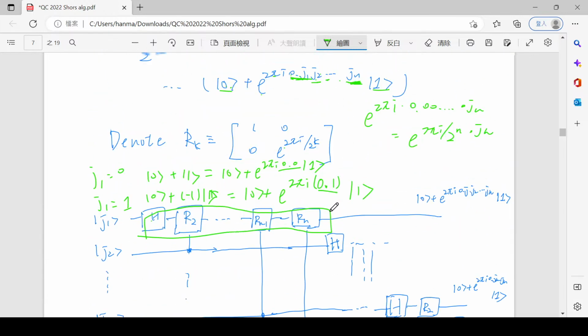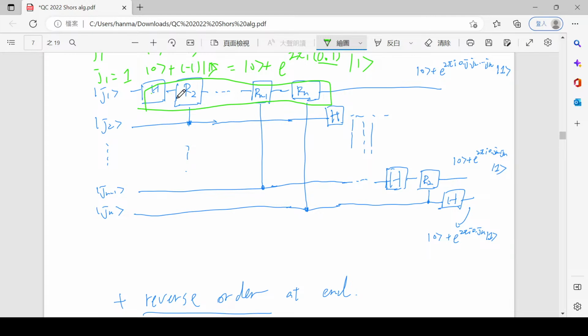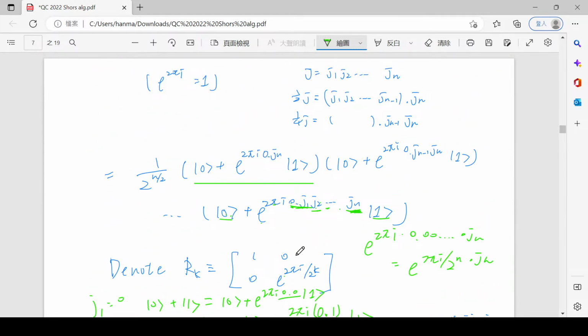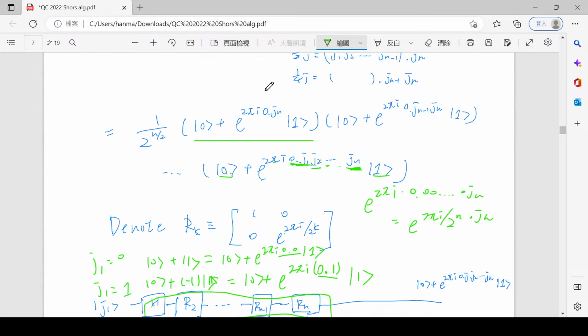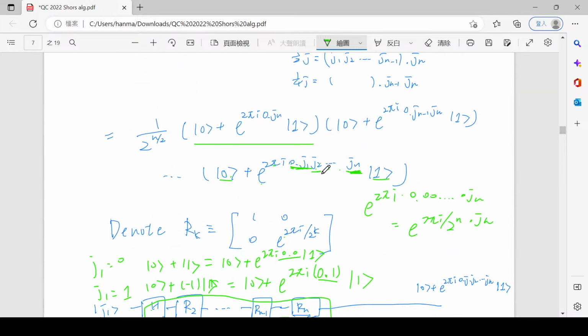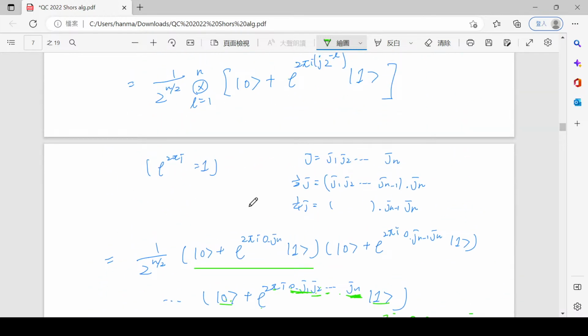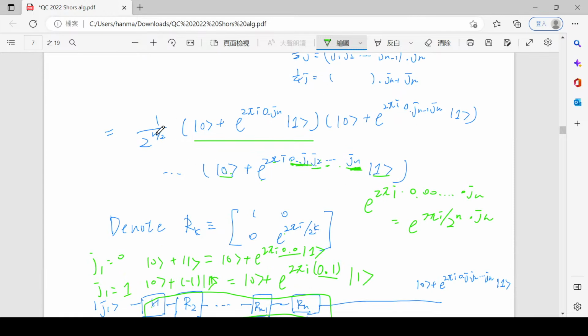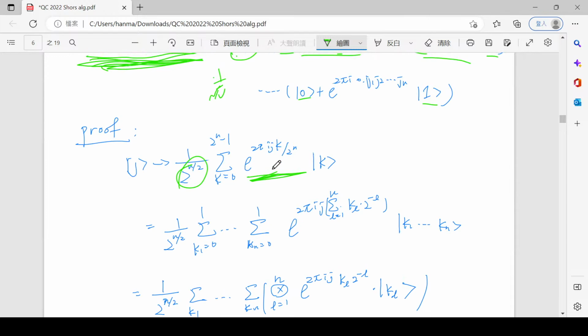Okay. So you do all those Hadamards and the controlled rotations, you will turn your state into this thing, and we'll prove next time that this is exactly what the quantum Fourier transform should be.